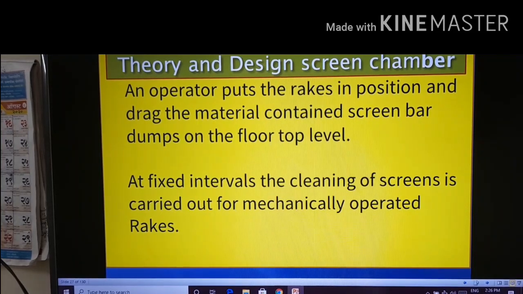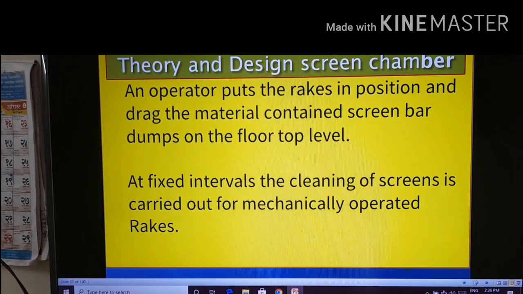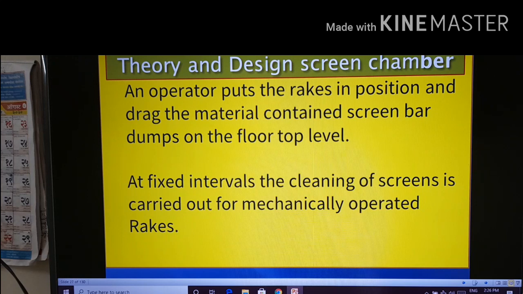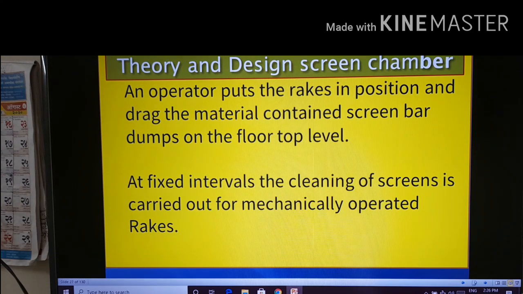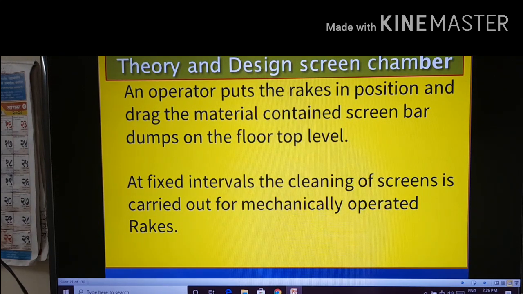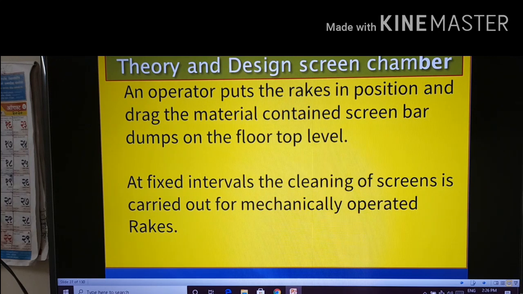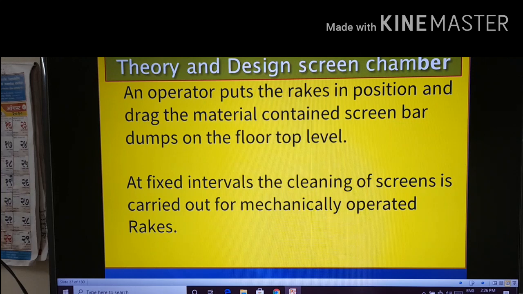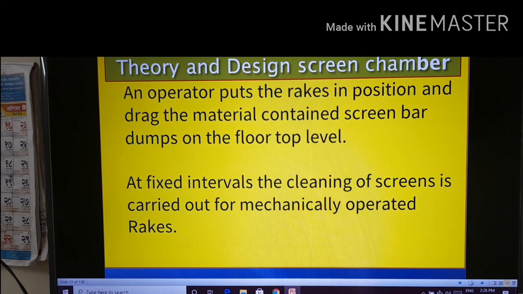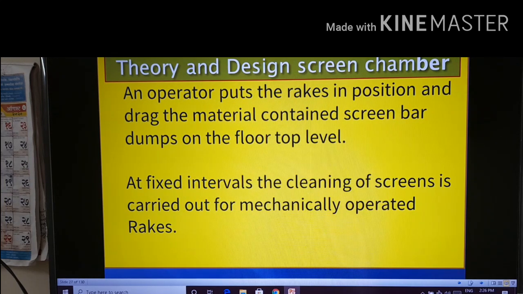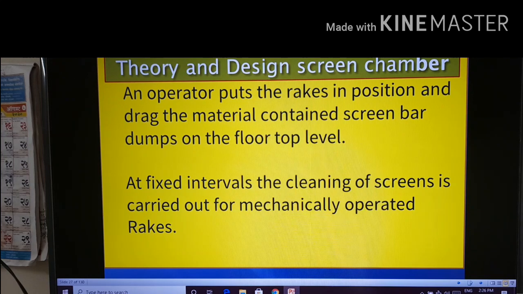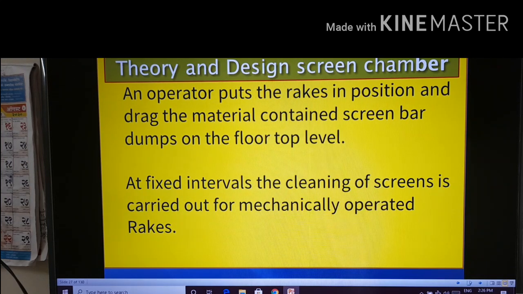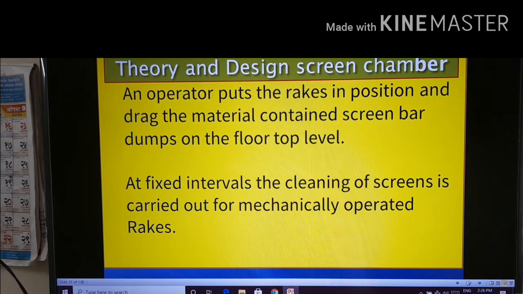In this theory and design of screen chamber, an operator puts the rakes in position and drags the material contained in the screen bars, and dumps it on the floor at the top level. At fixed intervals, the cleaning of screens is carried out by mechanically operated rakes.